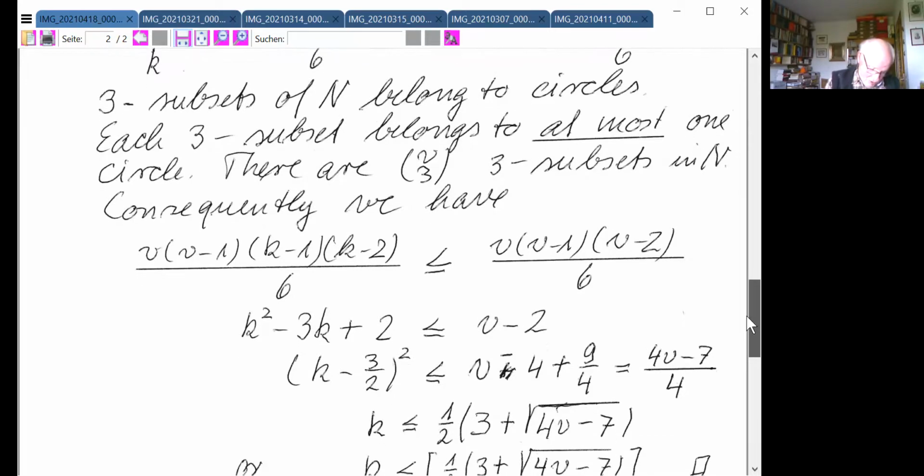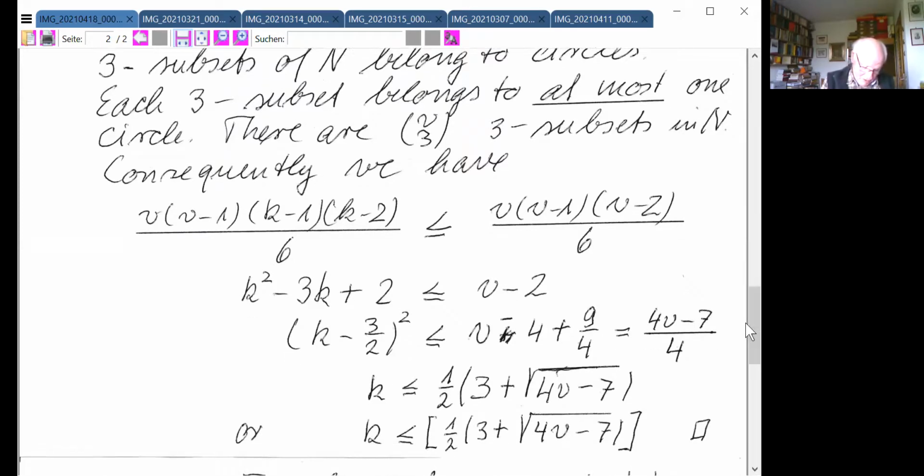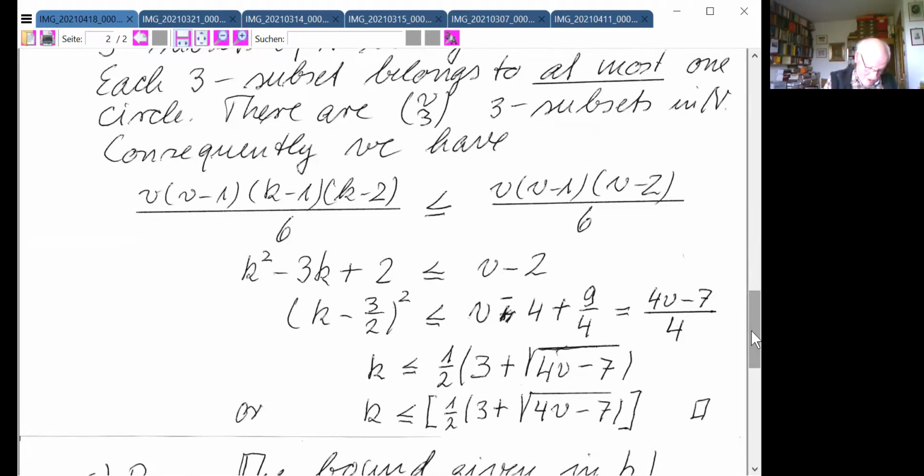We form this to a complete square. So (k minus 3/2) squared is less or equal to v minus 2 plus 9/4. So we have 4 times v minus 7 over 4. We take the square root. We use here obvious laws of monotony.